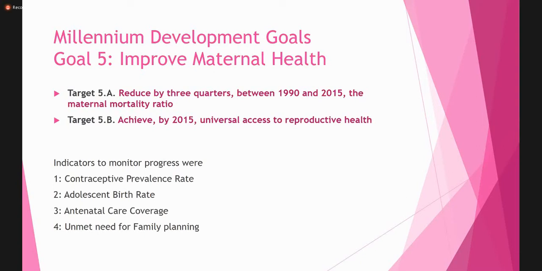In order to monitor this, the indicators were contraceptive prevalence rate, that is how much contraceptives are being used, the adolescent birth rate, antenatal care coverage, and unmet need for family planning.